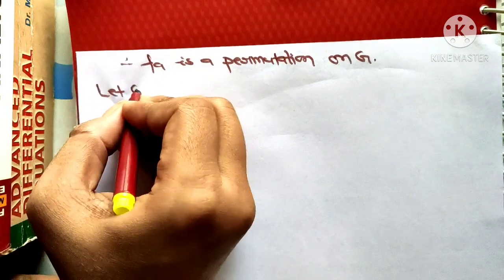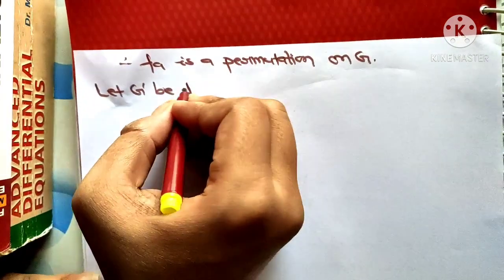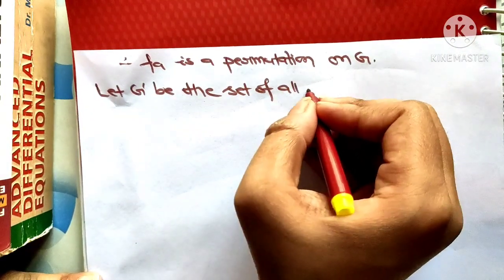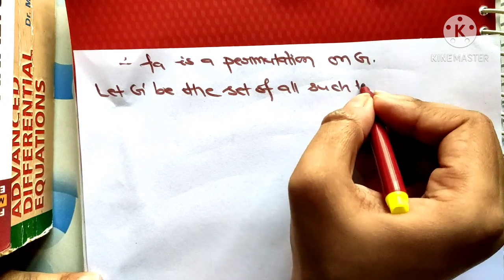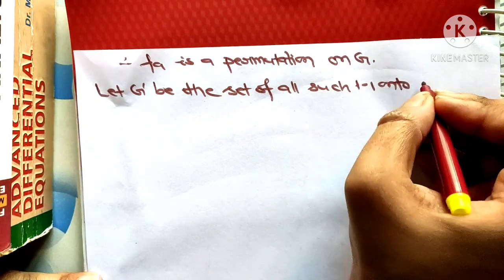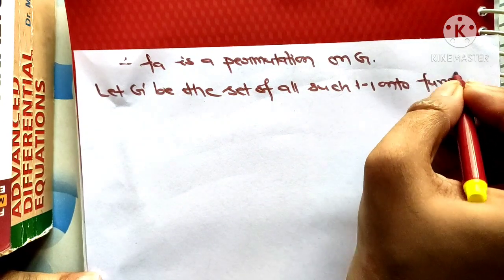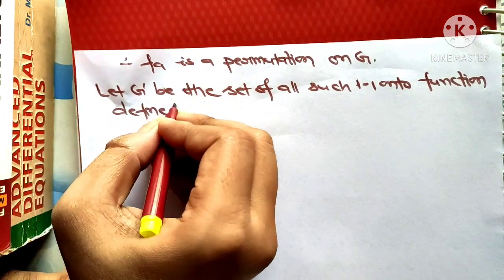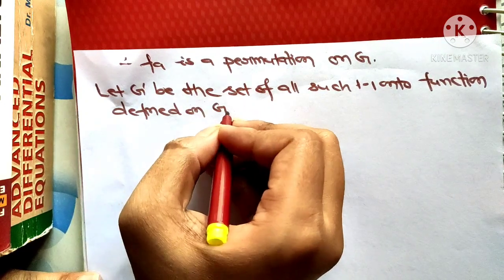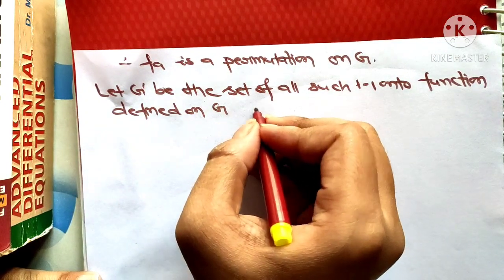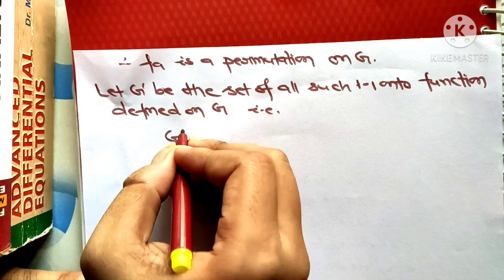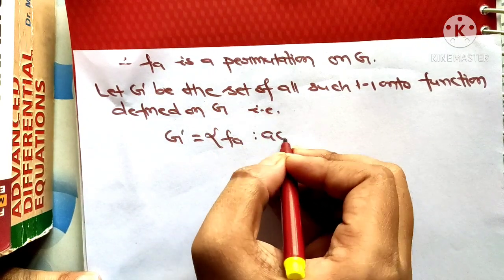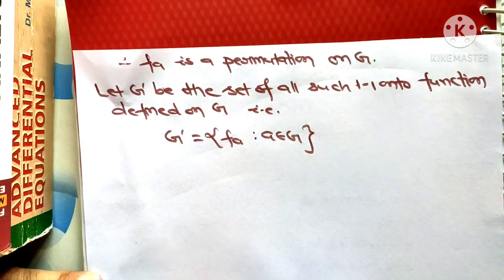Now let us consider G dash to be the set of all such one-one onto functions defined on G. That is, G dash = {f_A such that A belongs to G}.